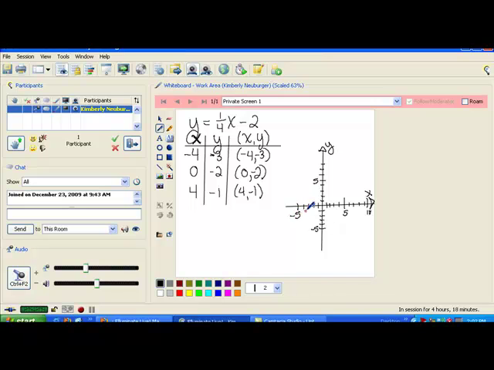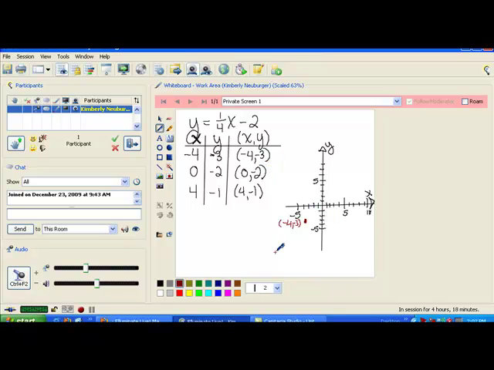So now let's look at our first point here. That's negative 4, negative 3. So I need to go to negative 4 and then negative 3, which lands right there. So let's go ahead and plot that and then label it. The second point I found was 0, negative 2, which is right here.